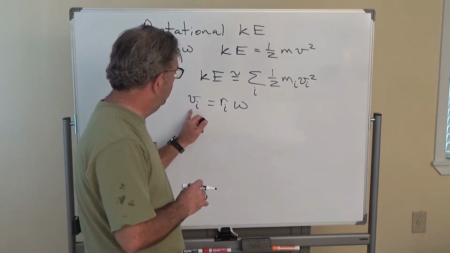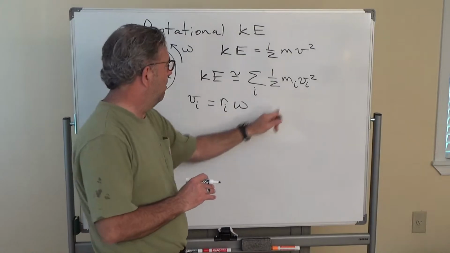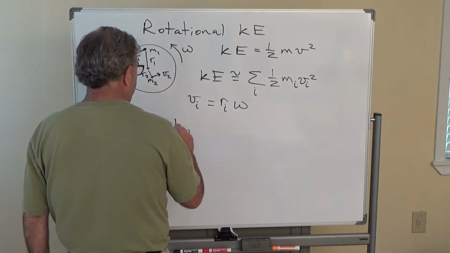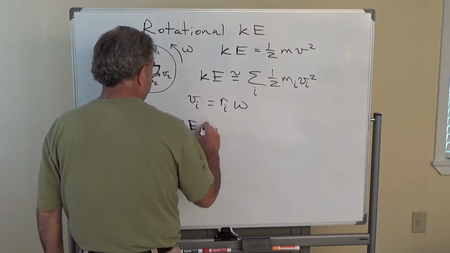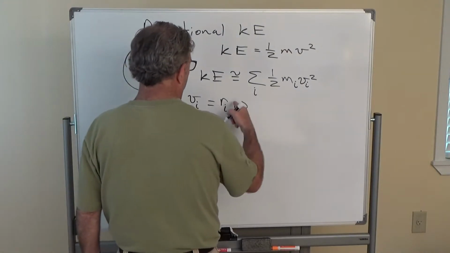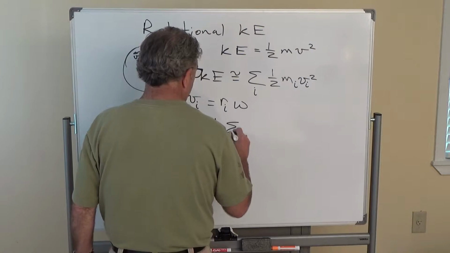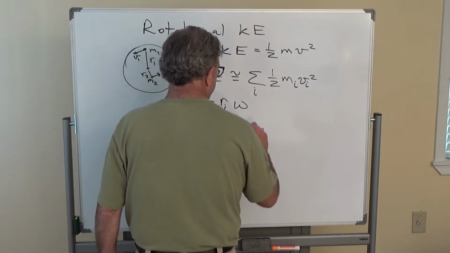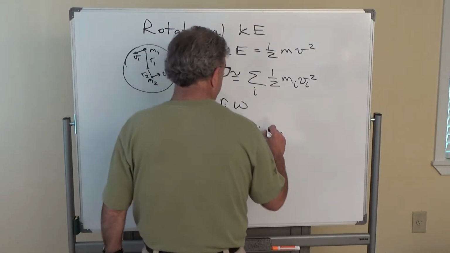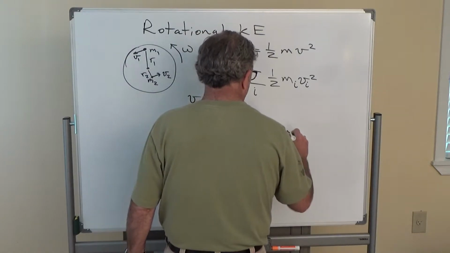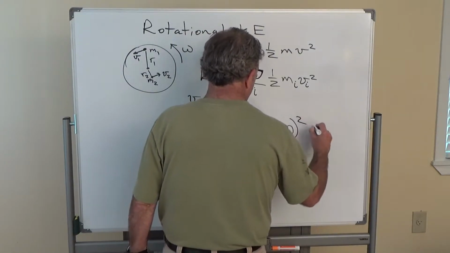So I'm going to use this and plug it in here. So kinetic energy equals, pull the 1/2 out front, 1/2 times the sum over i of m sub i, r sub i omega, squared.